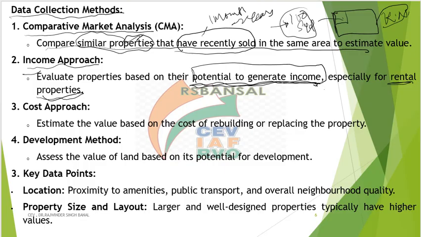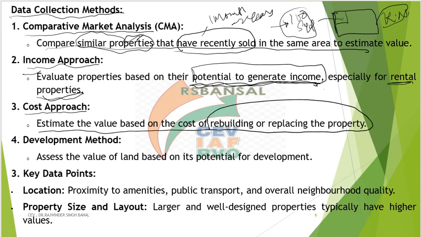Then if you are doing the valuation based upon the cost approach, you have to estimate the value based upon the cost of rebuilding or replacing the property. There are two things, one is rebuilding and one is replacing. Rebuilding means you have to build a mirror image, a mirror replica.